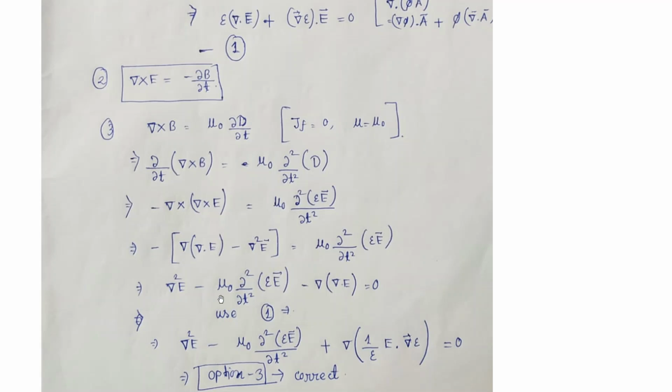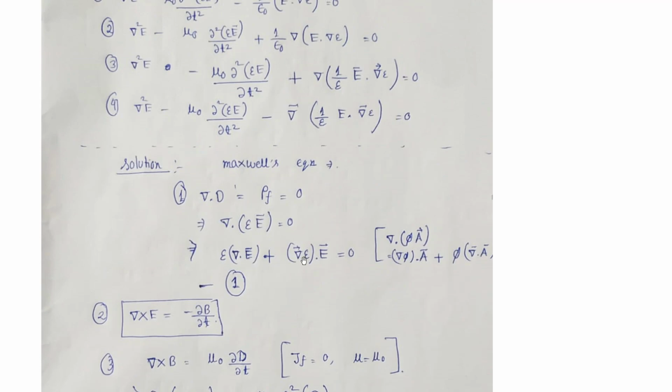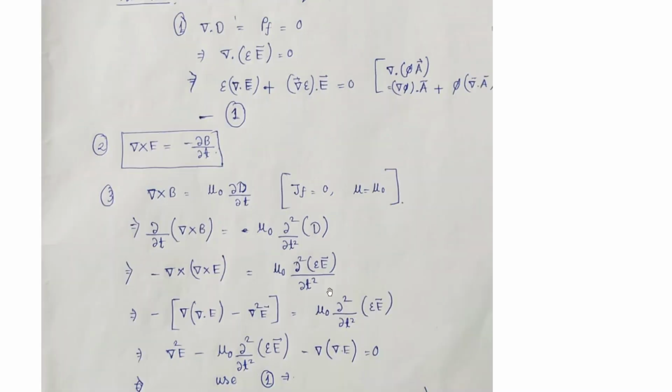Now rearrange this a little bit, so you will finally arrive at this line: del squared E minus mu naught del squared by del t squared of epsilon E minus grad of del dot E. Now you can use the del dot E from equation 1. You have a formula for del dot E, and you can substitute it from equation 1.